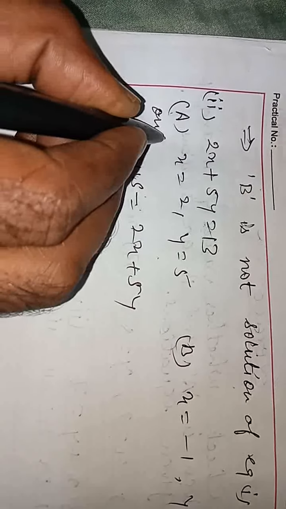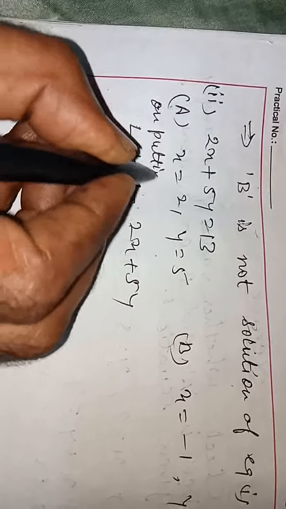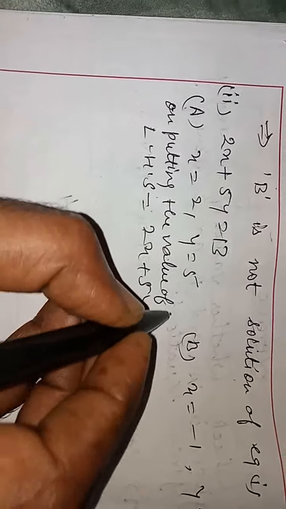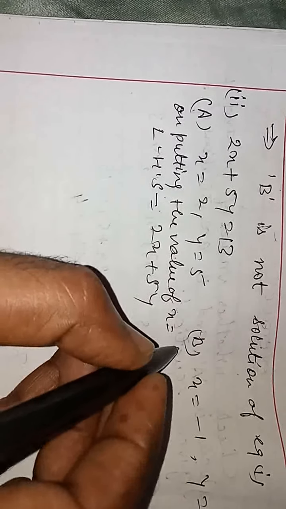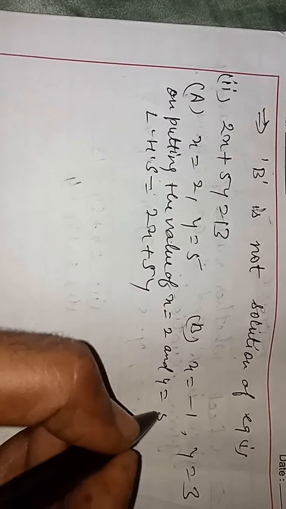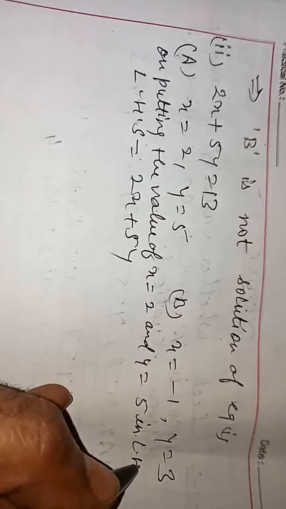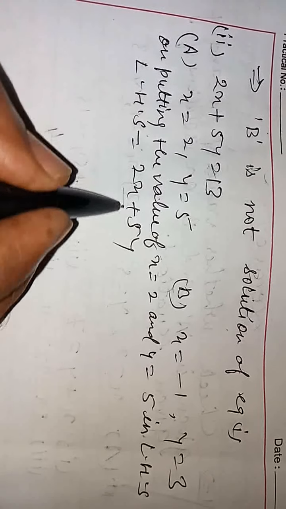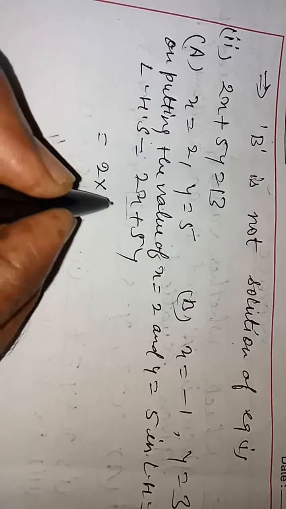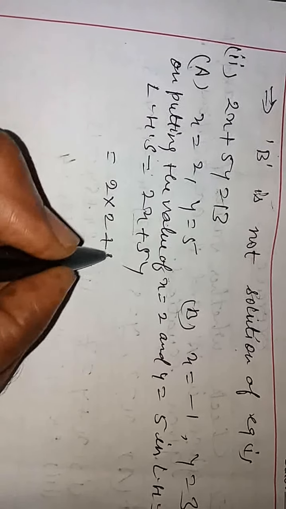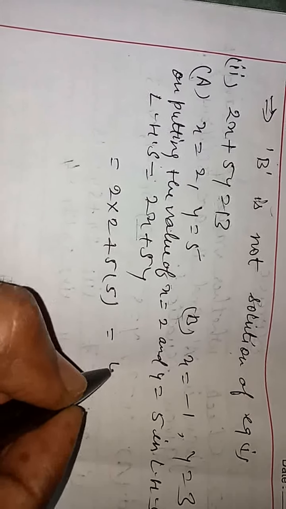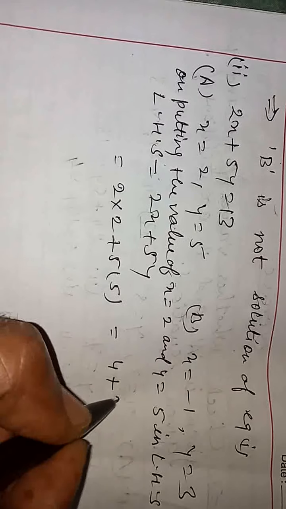On putting the value of x equal to 2 and y equal to 5 in LHS equal to 2x plus 5y. At the place of x we put 2, at the place of y we put 5. 2 2s are 4 plus 5 5s are 25.